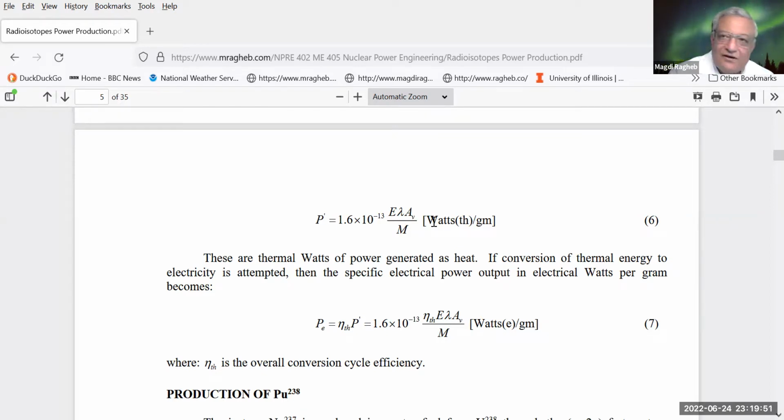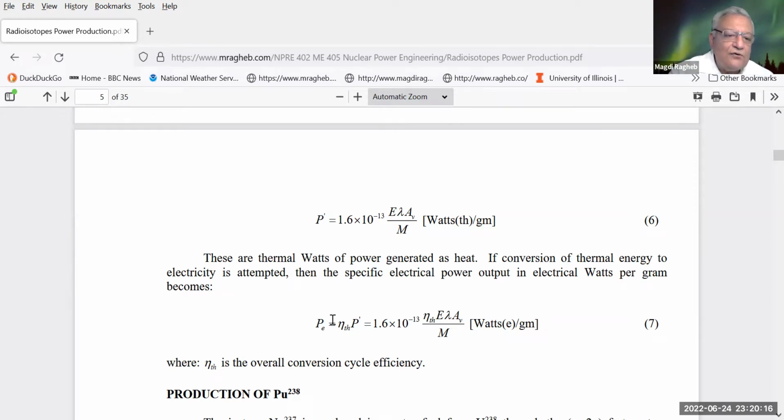And in that case, we have different processes for the conversion of heat to electricity. So if you want to talk about not the thermal watts, notice here I added TH for thermal. If you want to turn it into electrical watts, you have to add to it the efficiency of the process, the overall thermal efficiency of the process.